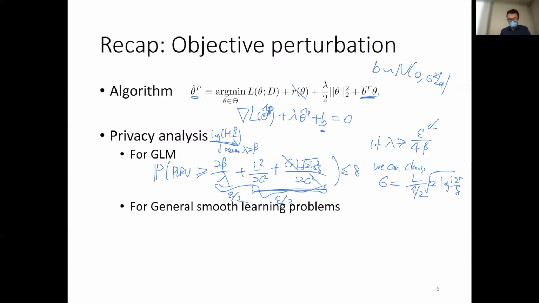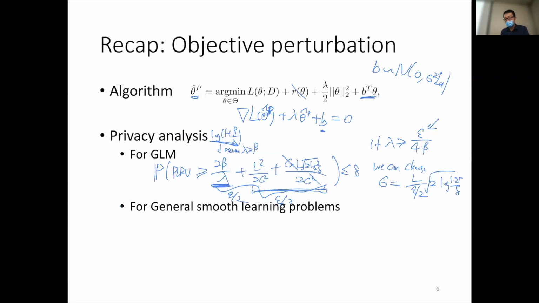Okay. For the smooth learning problem, we have a slightly weaker bound for the last term. Just to give you a little more intuition, the first term is coming from the log determinant. This is how much difference that log determinant factor makes when we switch from one data set to its neighbor, and this gives an upper bound of that.